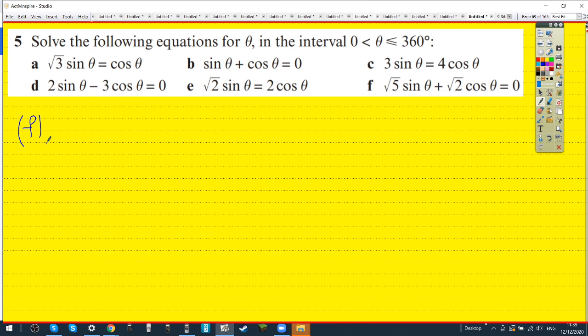Yep. Does it matter which one you divide by if you want to get rid of sine or cos? Matters greatly. It's 360, so you want to get rid of sine, don't you? So, how would you do that? Divide by sine theta on both sides. Divide everything.